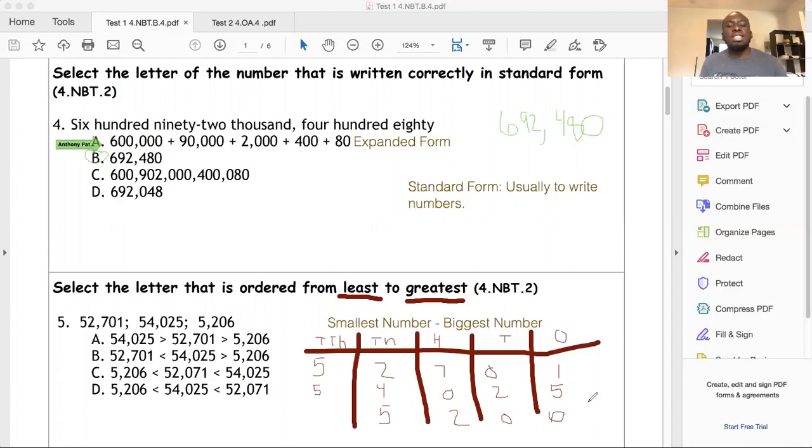And I'm going to put these in order from least to greatest, from the smallest to the largest. I know right off the bat, my smallest number is this number right here, 5,206. That's my smallest, so that's going to be first. So I know I can get rid of this answer choice and this answer choice right off the bat.